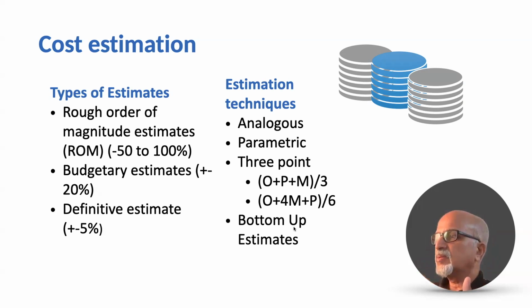So if there is a huge difference, most probably the top-down estimate is wrong, whereas the bottom-up estimation is always more accurate because we are estimating at the activity level and then aggregating it up. So these are the various types of estimate and the various techniques for estimation.